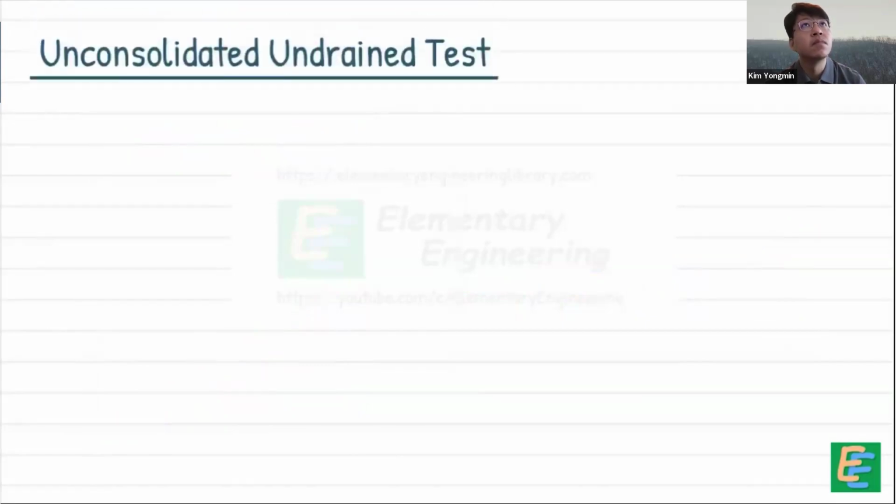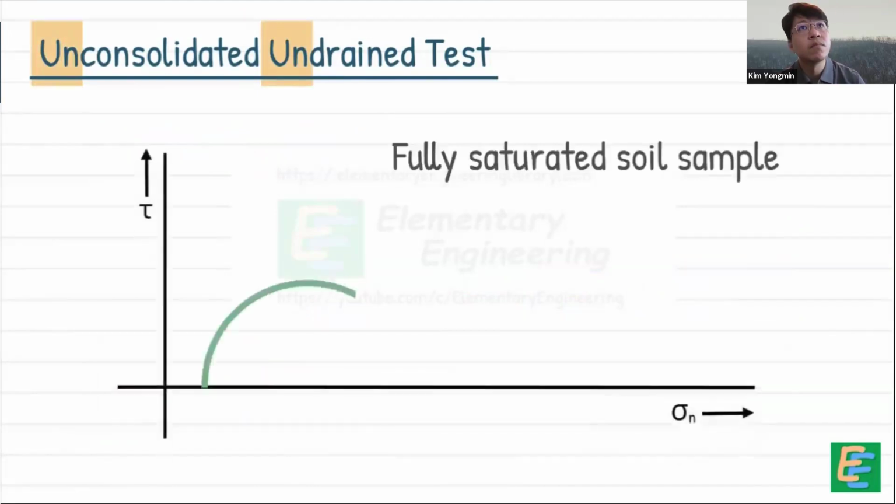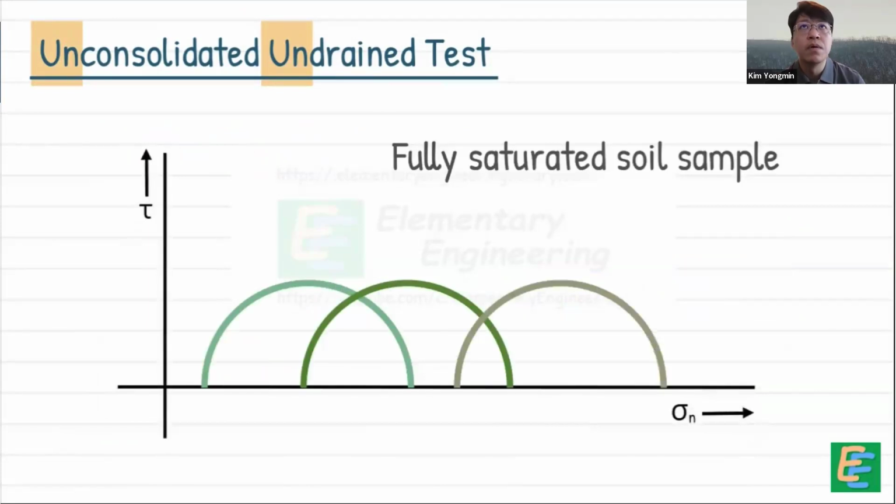For example, in the unconsolidated, undrained condition, where water drainage is not allowed during both stages of pressure application, if the soil sample is fully saturated, we get this type of Mohr circles. All these circles have the same diameter. So in this case, the failure envelope is the line tangent to all the circles.